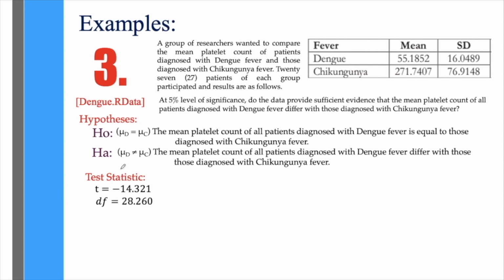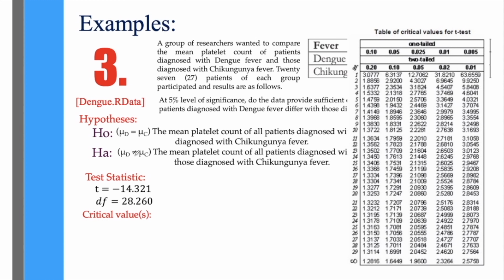And comparing that test statistic with the critical value, which we may get using the table, using two-tailed since this is a not-equal sign, 5% level of significance, and DF which we will just approximate using 28 on the table. So this is two-tailed 0.05, approximately 28, so we're going to have 2.0484.